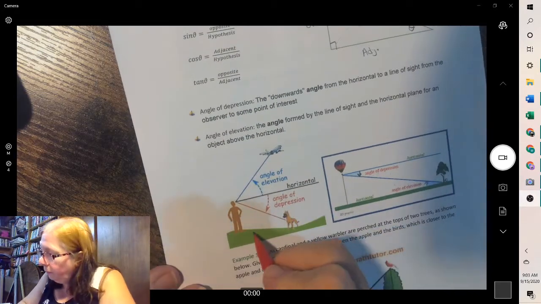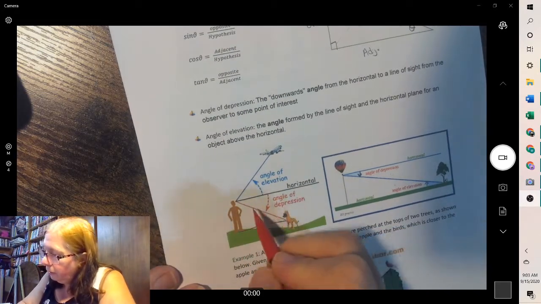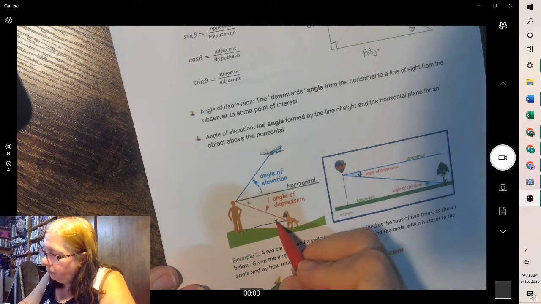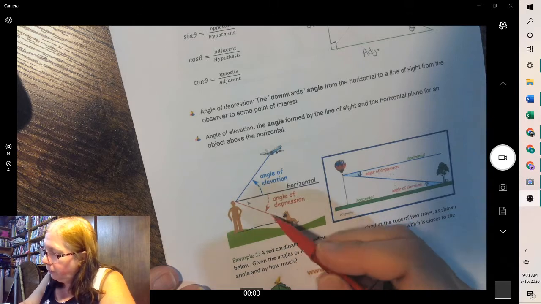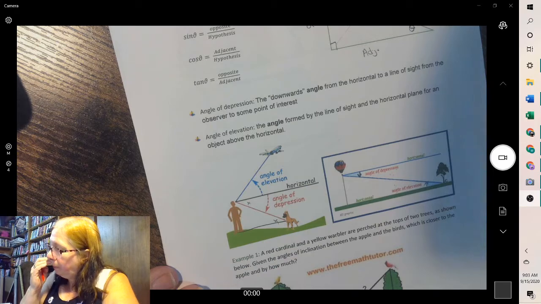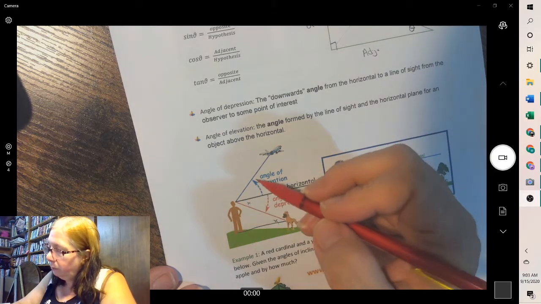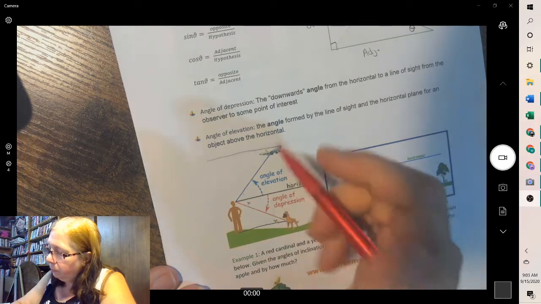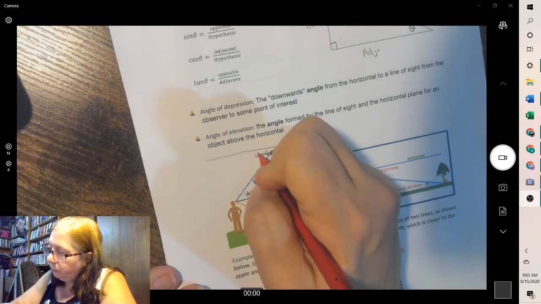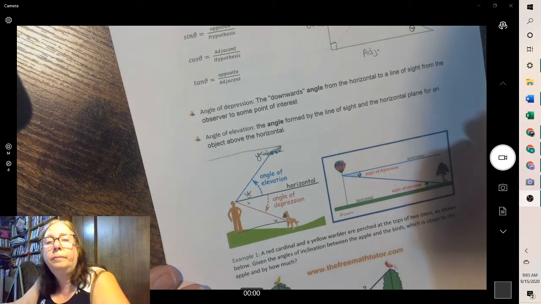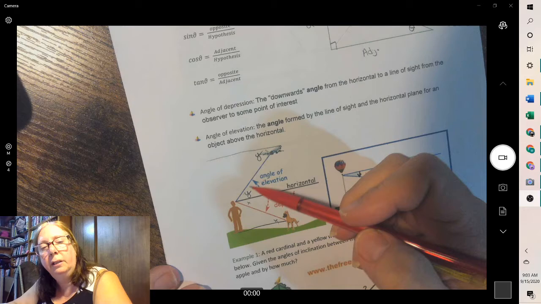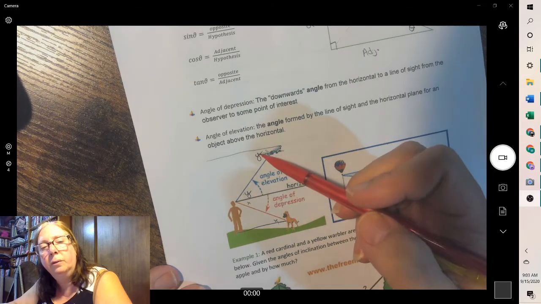Over here, if we had this one, and this one would be equal. Alternate interior. So it wouldn't be these two. This one, this angle would equal this one. So when you have two horizontals, the alternate interior angles are equal.